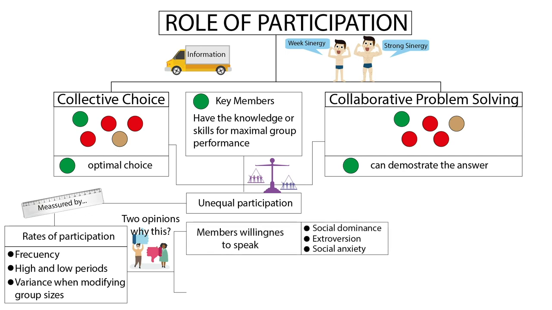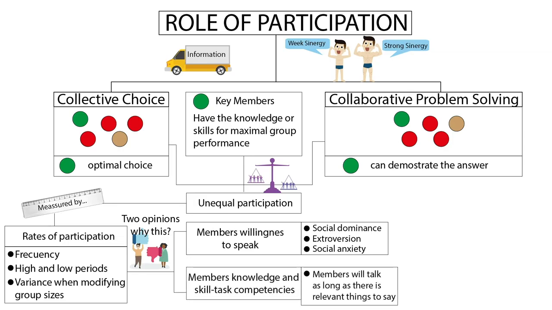One view is related to members' willingness to speak according to their personality traits like social dominance, extroversion, and social anxiety. The second view is related to members' knowledge and task skill competencies. In other words, people will talk as far as they have something relevant to say.